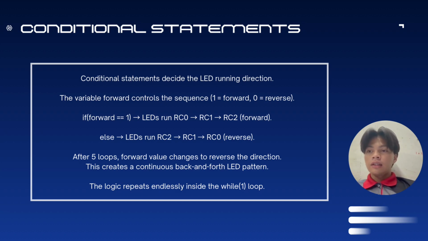Else, LEDs run RC2, RC1, RC0, which is reverse. After 5 loops, the forward value changes to reverse the direction. This creates the continuous back and forth LED pattern. The logic repeats endlessly inside the while loop.